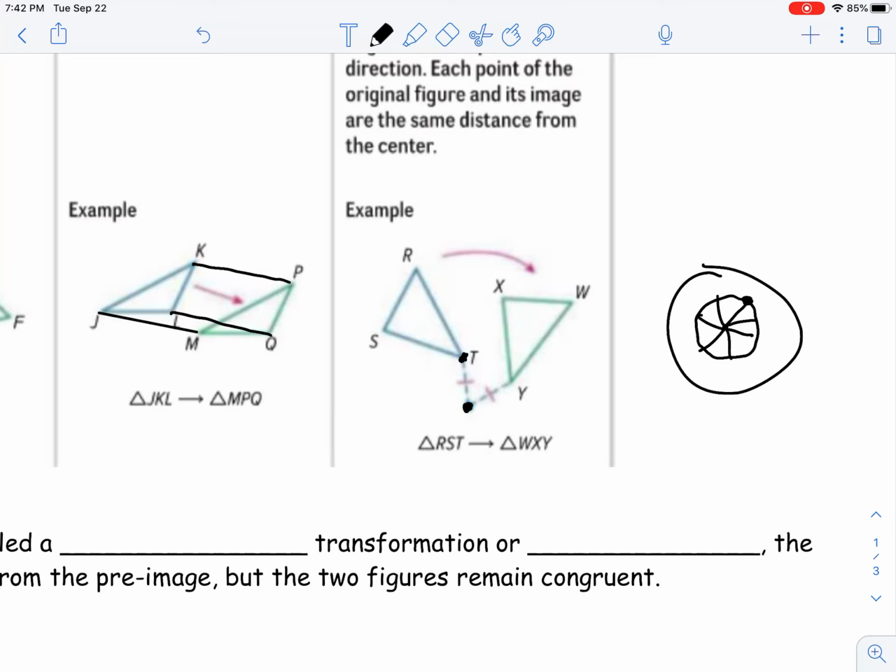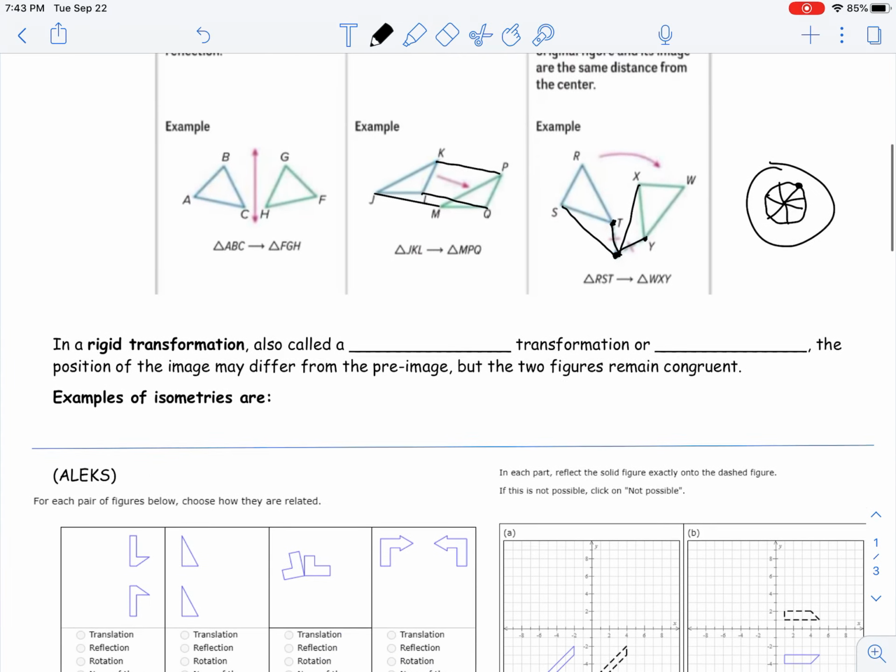So same thing here. This T and this Y are the same distance away from that point, but so is the X with the S. It stays the same distance, and R and W are also the same distance.